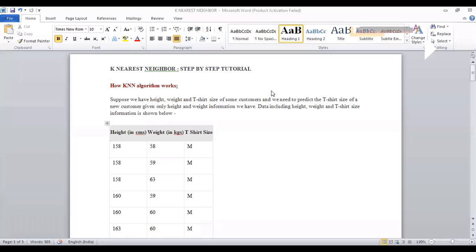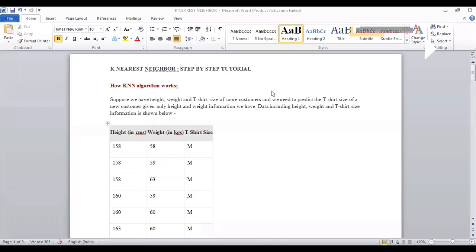The KNN algorithm stores all the available data and classifies a new data point based on similarity. This means that when new data appears, it can be easily classified into a well-suited category by using the KNN algorithm. KNN can be used for regression as well as classification, and mostly it is used for classification problems.